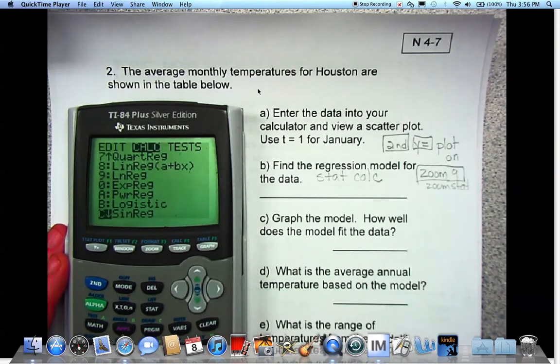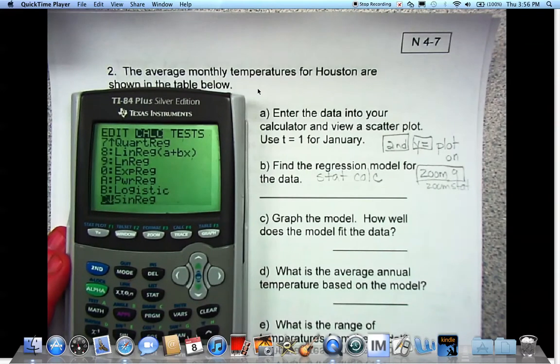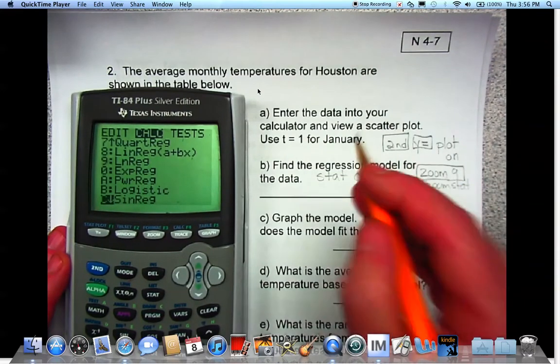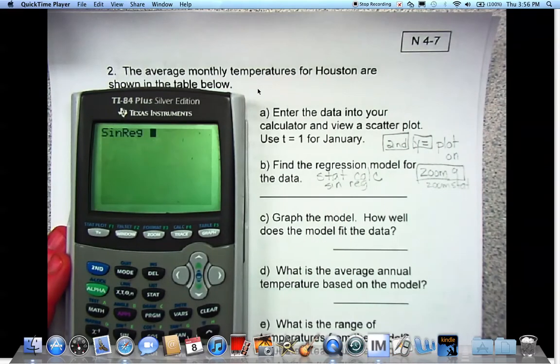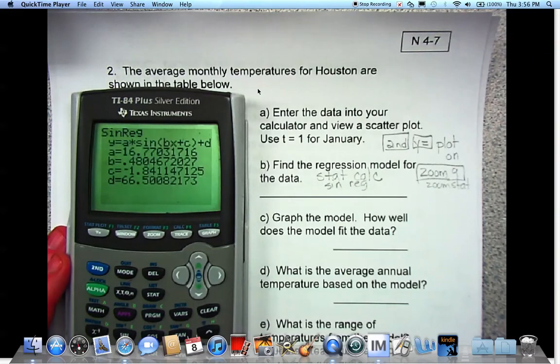All the way down to C. Wow. So stat calc and then sine reg. Push enter. You have to push enter again. Wait, so press enter and then press enter again. Uh-huh. Dang. Oh, mine's saying quit.